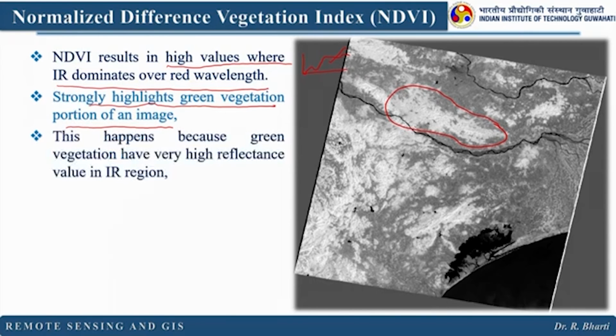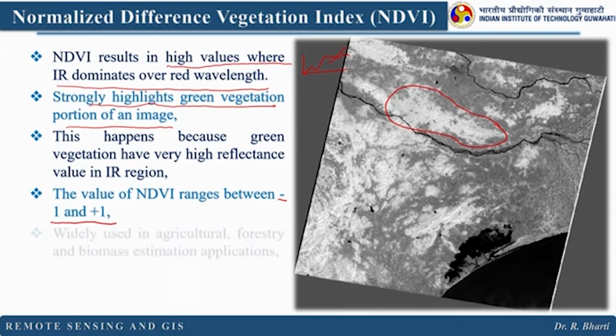This happens because green vegetation has very high reflectance value in the IR region. The value of NDVI ranges between -1 to +1. You can see here minus has come this side, -1 to +1. The higher side of the pixel value will represent vegetation, and it is widely used in agriculture, forestry and biomass estimation applications.